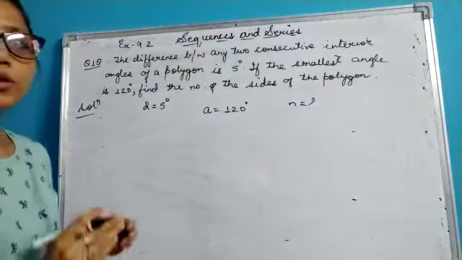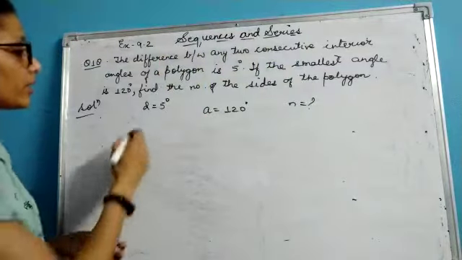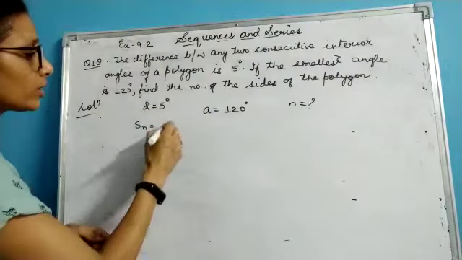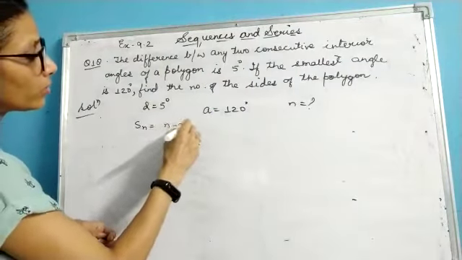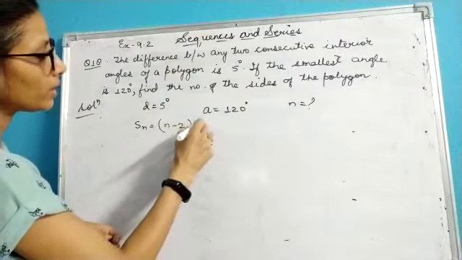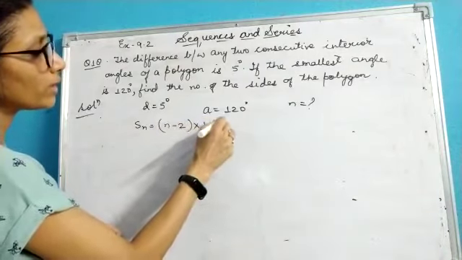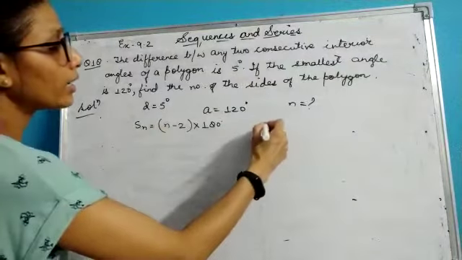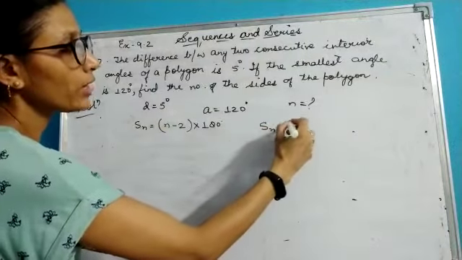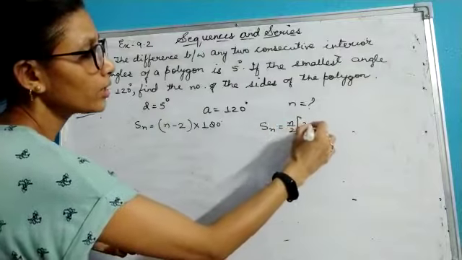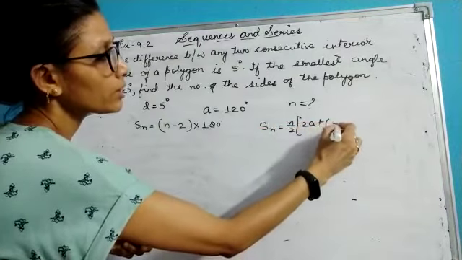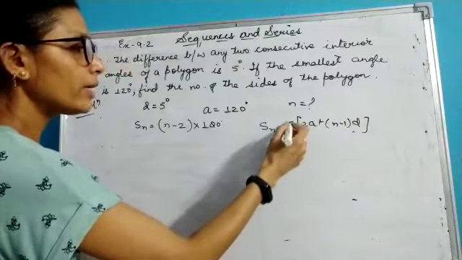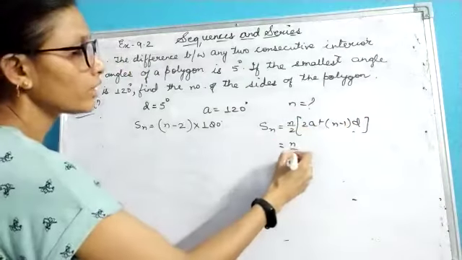Now children, in your lower classes you have read that the sum of the interior angles of a polygon can be calculated by the formula (n minus 2) into 180 degrees. This we are going to use here. Now I can also find out the sum of n terms by the formula n by 2 into (2a plus (n minus 1)d). So here n is unknown to me, which is n by 2.